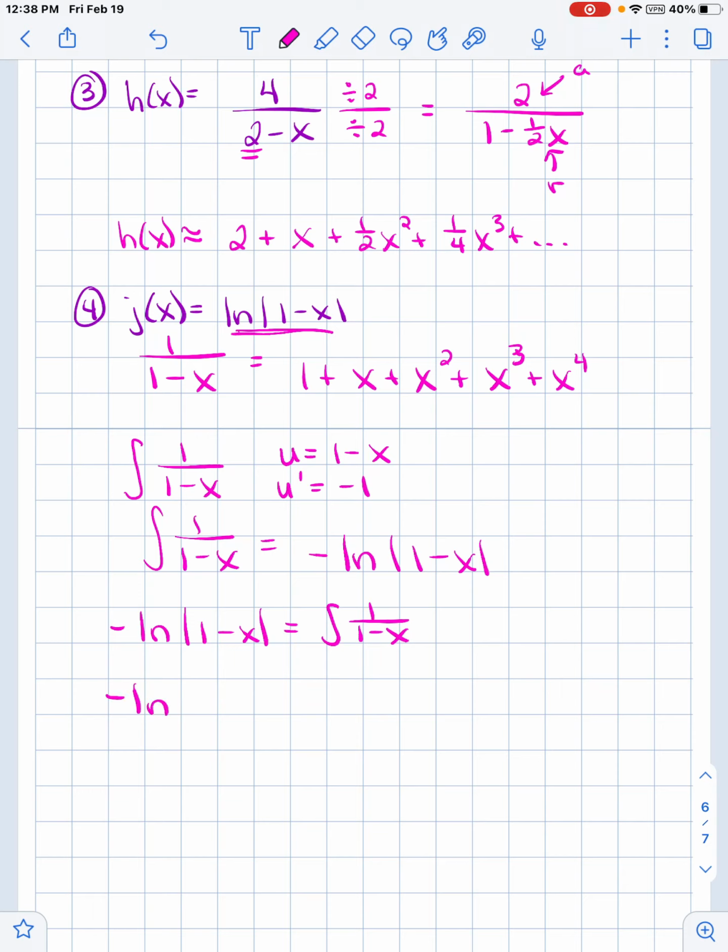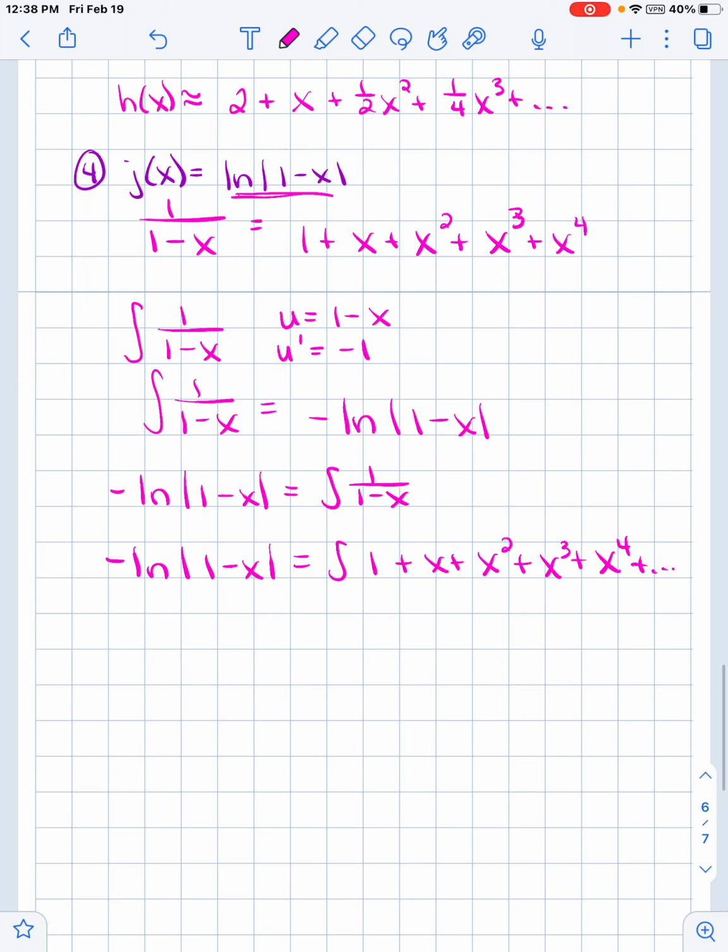So let's do some replacing then. We have a polynomial for 1 over 1 minus x, so if we find the antiderivative of 1 plus x plus x squared plus x cubed plus x to the fourth, then we can find the antiderivative of all of those. So that's x plus 1/2 x squared.